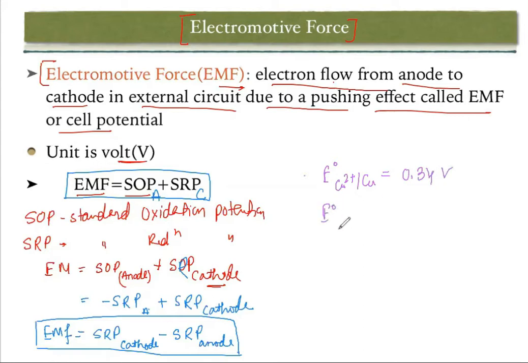And E naught of zinc, that is Zn2+ to Zn, this value is minus 0.76 volt. Now a bigger question is, what is the data given? Here, this is reduction potential given, this is also reduction potential given. So we can find out by using two methods.